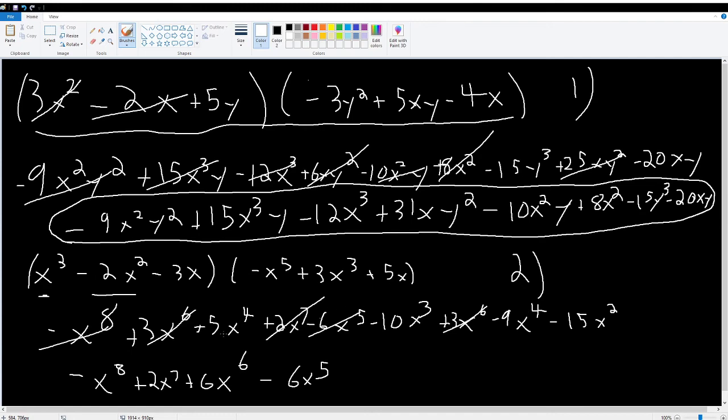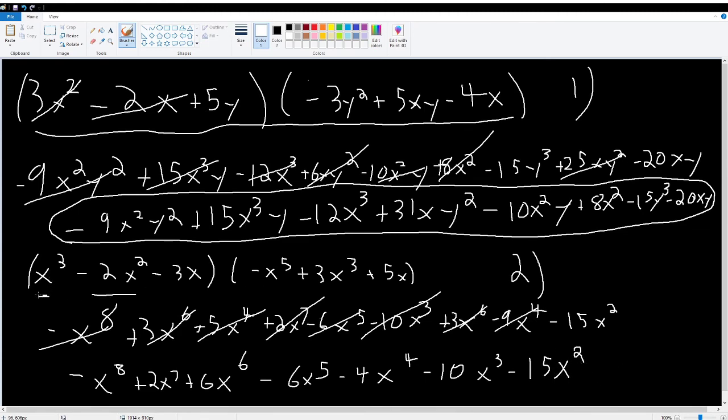Now we need to do the 4th power. 5x to the 4th and minus 9x to the 4th is going to be negative 4x to the 4th. Negative 10x cubed just comes down. Last but not least, negative 15x squared.